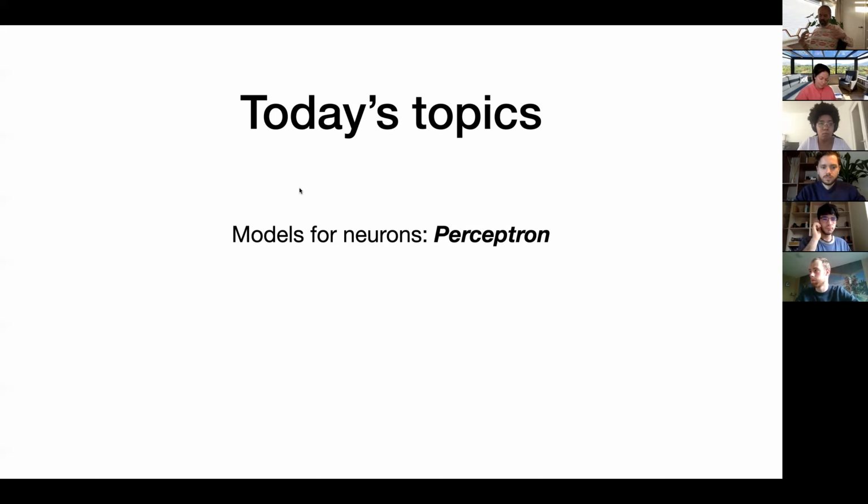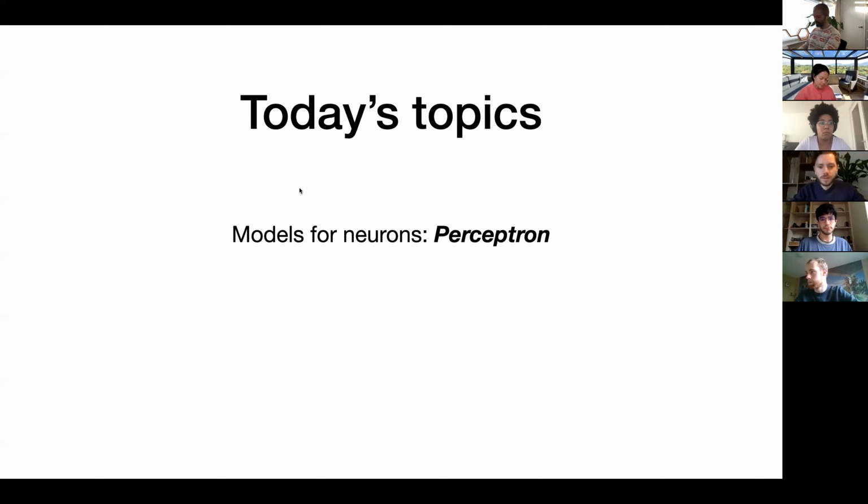As soon as people understood how a biological neuron works, they tried to find models of how we can boil down what that biological neuron does into a model neuron, and the perceptron was one of the first models that zoomed in on this type of function that we think the biological neuron implements.